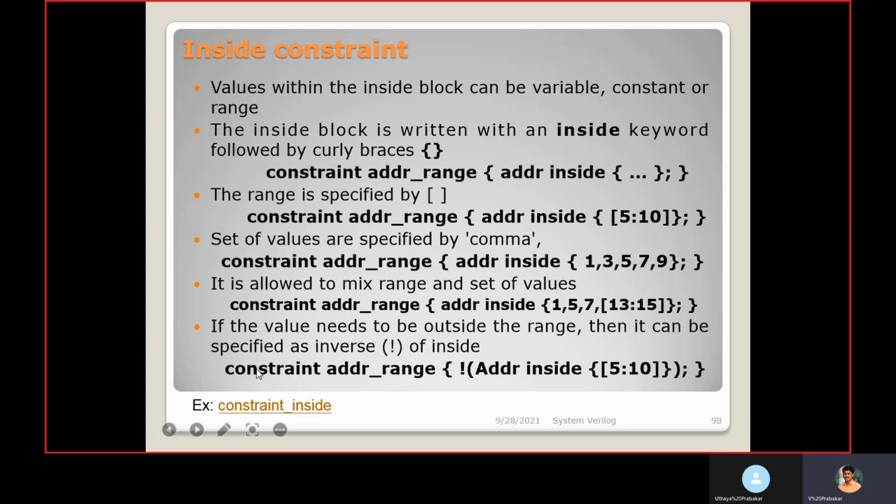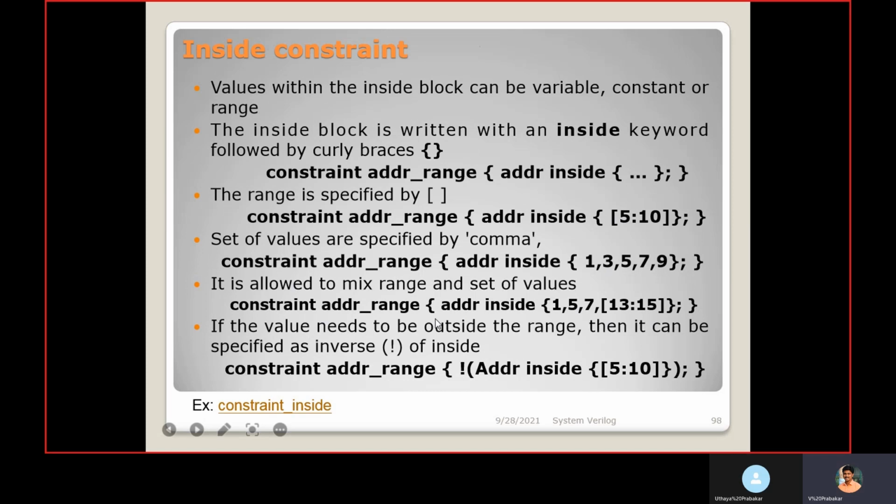So this is the general syntax: constraint, constraint name. Then the variable name for which you are applying this constraint. Then inside, within this curly bracket, you can mention the values. It should be assigned for the address. If it is a value, use a comma. If it is a range, you should use this square bracket to mention the ranges.